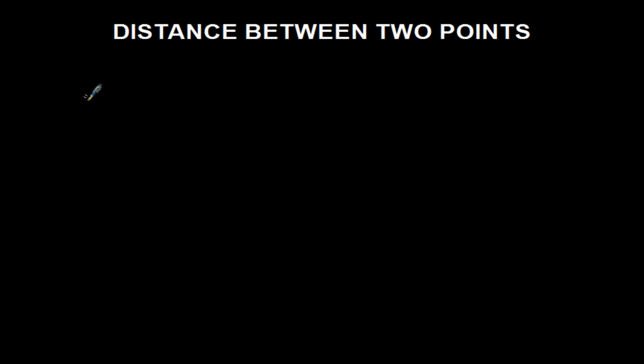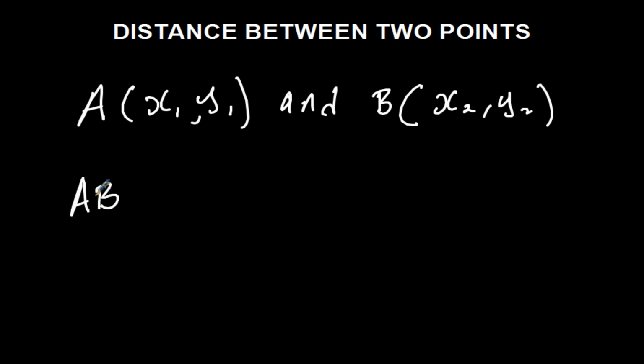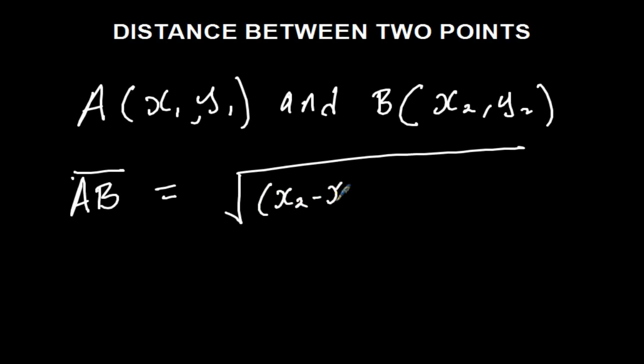For example, if we are given 2 points A with coordinates x1, y1 and B with coordinates x2, y2, the distance between these 2 points AB will equal the square root of (x2 minus x1) squared plus (y2 minus y1) squared.